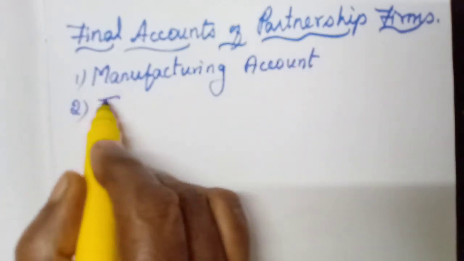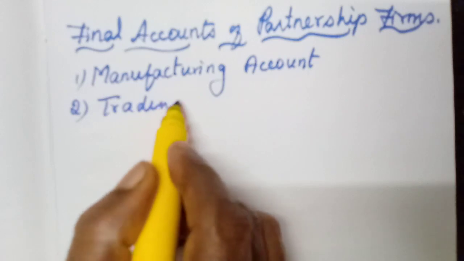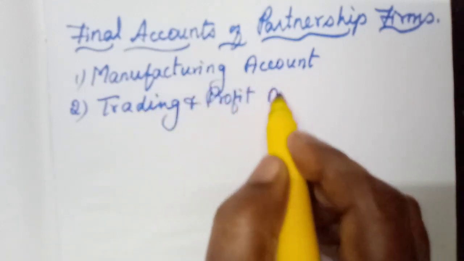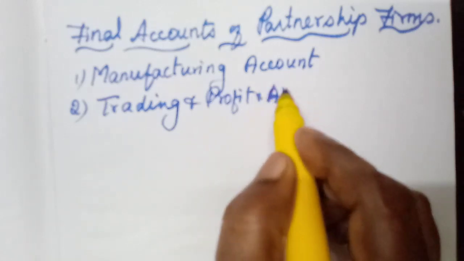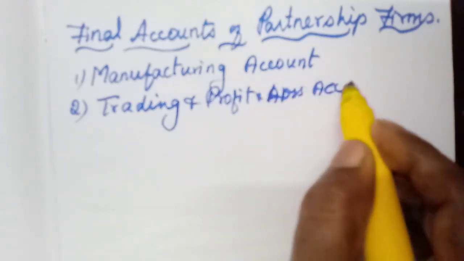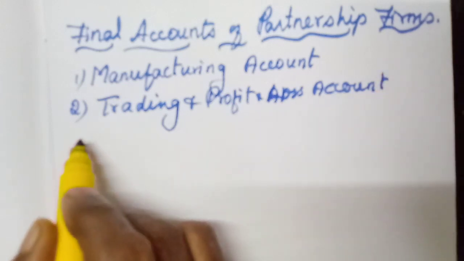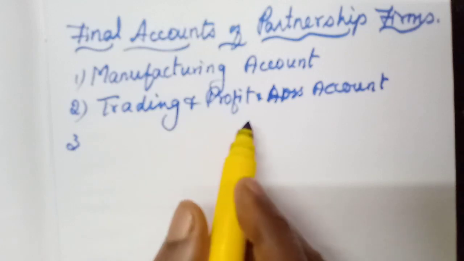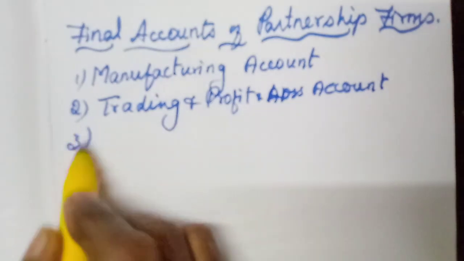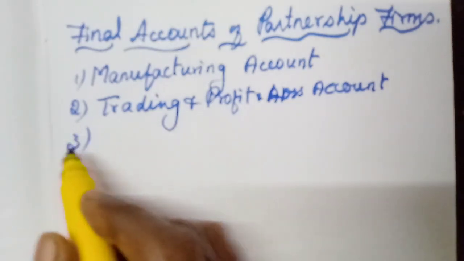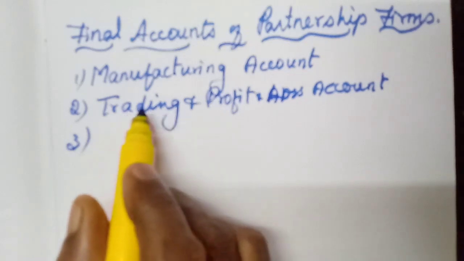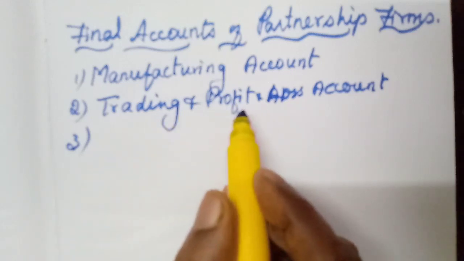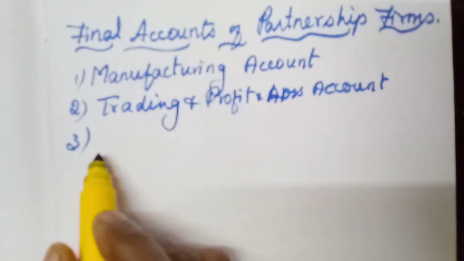Then trading and profit and loss account. From the trading and profit and loss account we will calculate the gross profit and net profit, isn't it? Then after preparing the trading and profit and loss account, we need to divide that net profit to the partners' capital accounts.